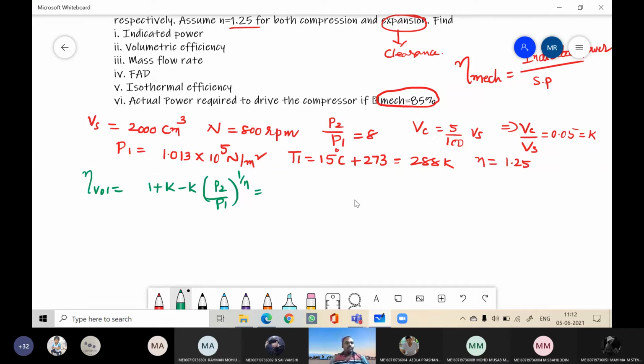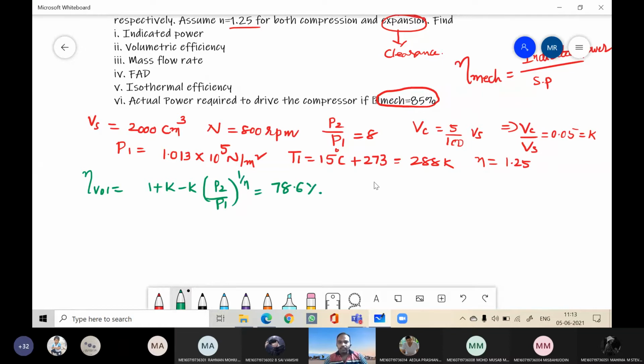Tell me volumetric efficiency. How much? 0.786. Means 78.6%. Agree?